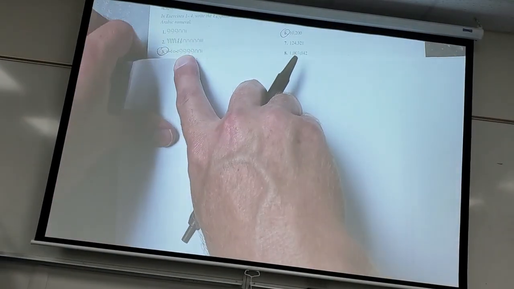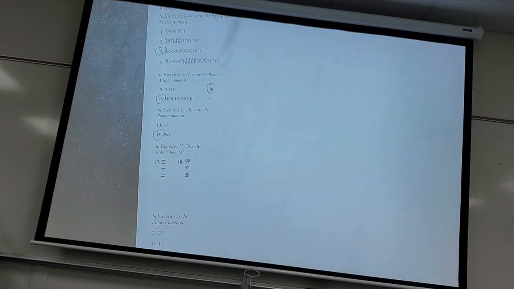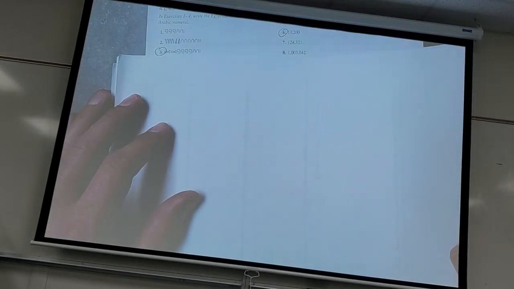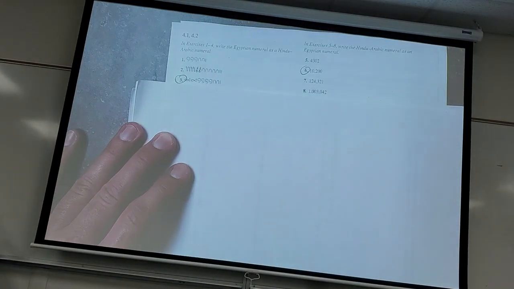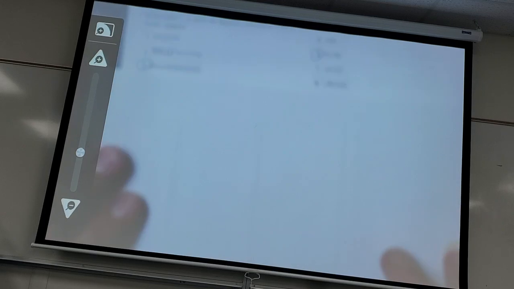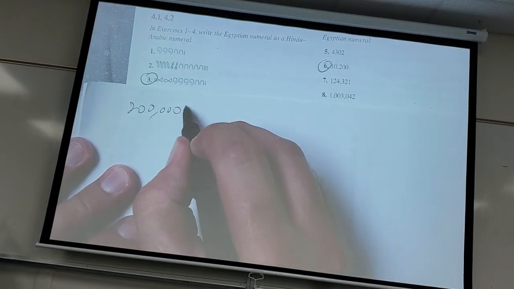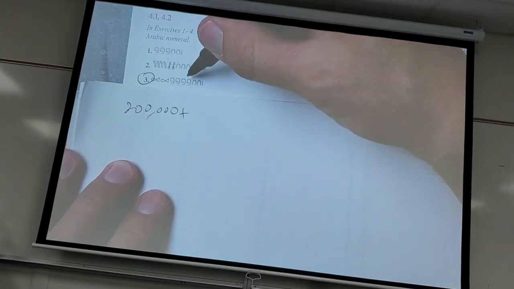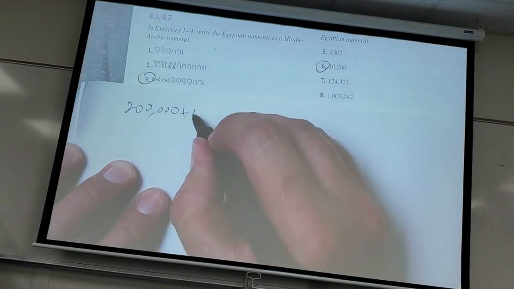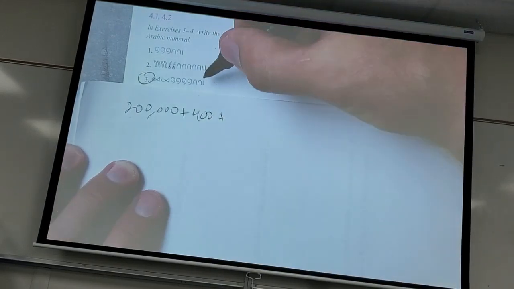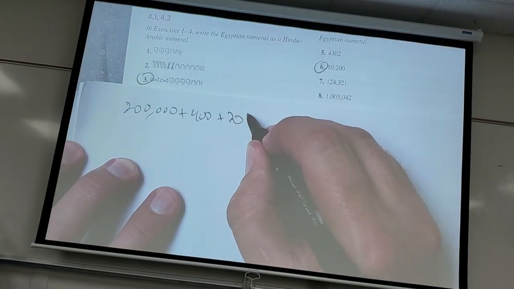So this one. This is why I'm not going to make you memorize this. What do little fish tubes mean? Fish tubes is 100,000, so that's 200,000 plus, what are the scrolls? 100, so that's 400s, plus little heel bones. 10, so that's 20 plus 1, right?